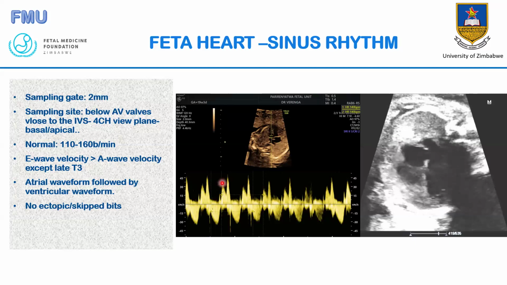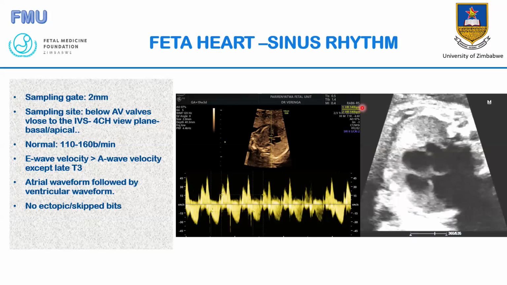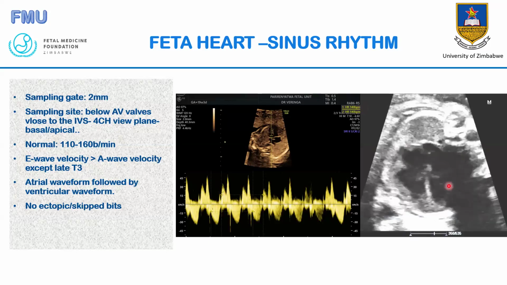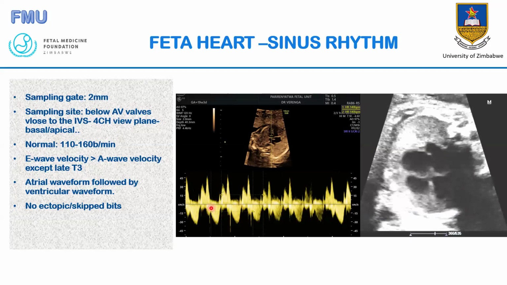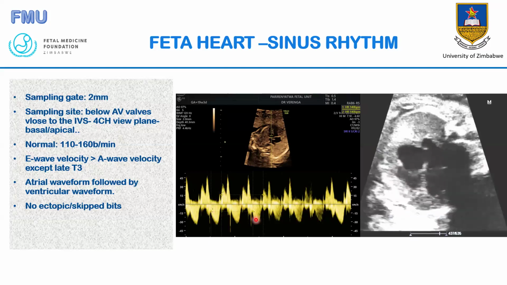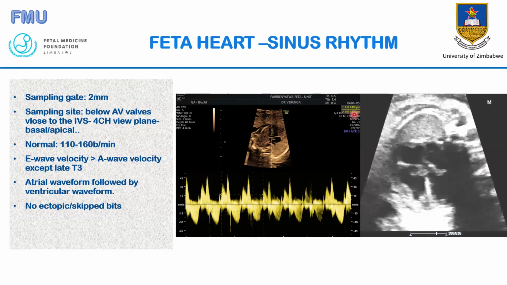So you can see that the atrial rate is 140. Then we can also calculate the ventricular rate, because these downwards deflections here represent ventricular systole, right? So we have calculated here the ventricular rate using these ventricular waveforms. So you can see it was 140 here, the ventricular rate.